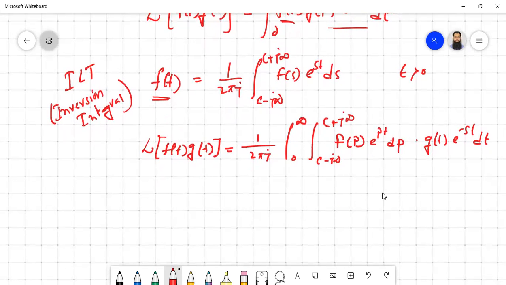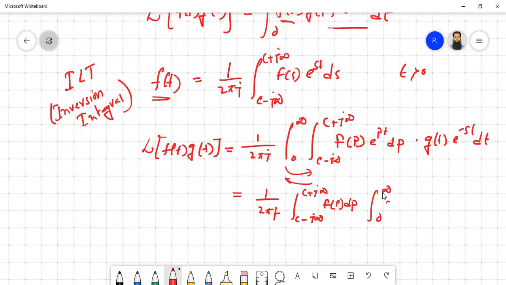Considering that uniform convergence, we can write the integration from c minus j infinity to c plus j infinity of F(p) e to the pt, and from 0 to infinity g(t) e to the minus (s minus p)t dt.